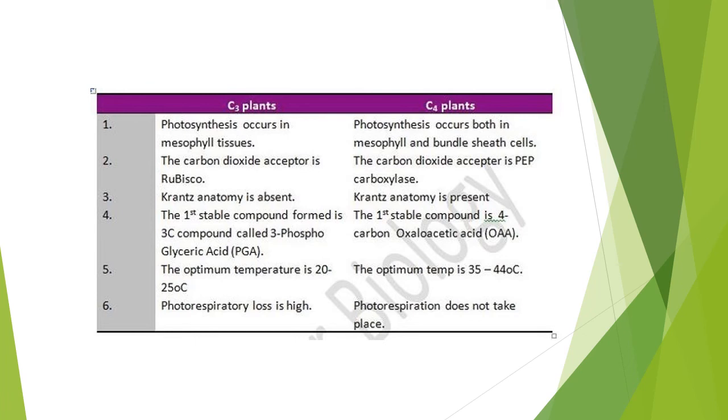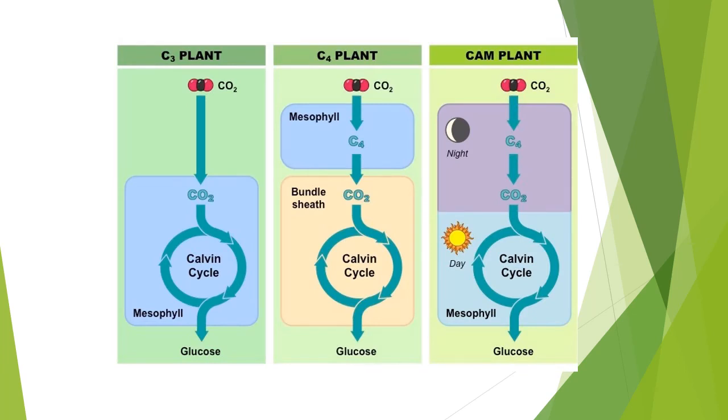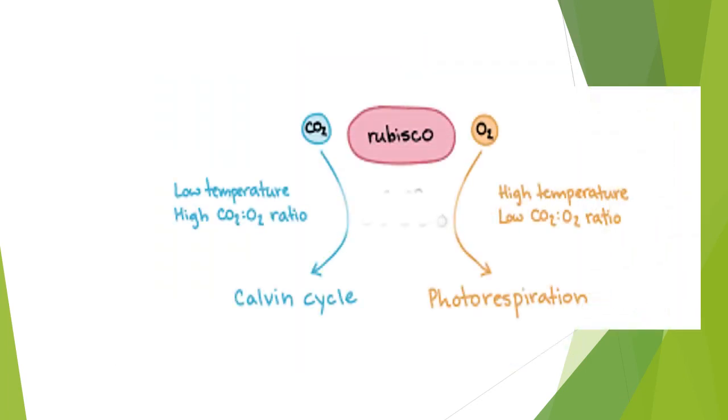So what is photorespiration? This is the C3, C4 and CAM. CAM I will discuss in class only. This is photorespiration, where we can see RuBP can be utilized both with the CO2 and oxygen in presence of Rubisco.